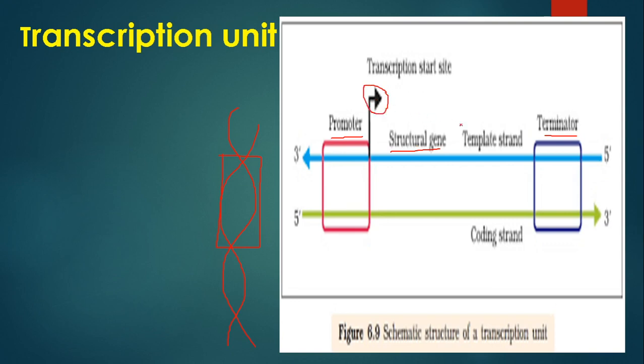If it has to take place in this direction, as we already know, formation takes place in 5 to 3, so the new RNA will be formed 5 to 3 here. So based on the position of the promoter, we can easily define the strand which has the polarity 3 to 5 with reference to the promoter as the template strand, and the complementary one will behave as the coding strand.